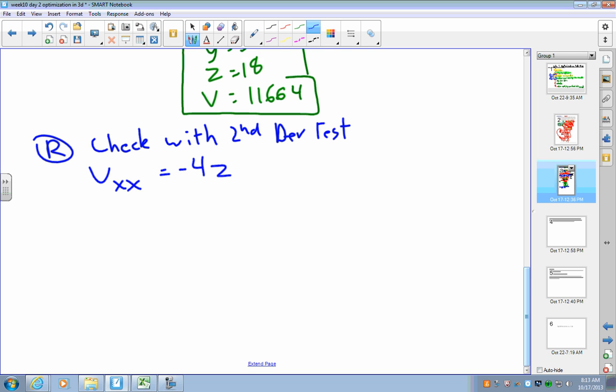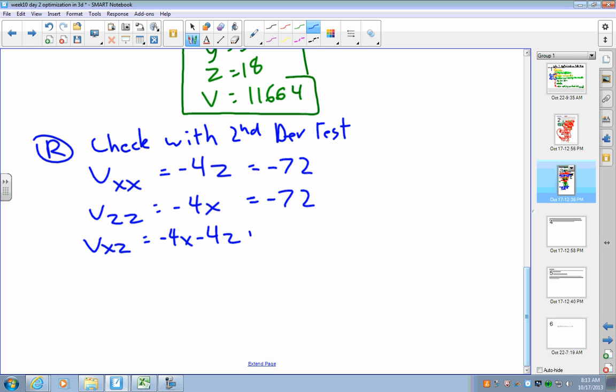And if I know z is 18, that's minus 72. Vzz, negative 4x, plug in, negative 72. Vxz equals negative 4x minus 4z plus 108. If I plug into that, I get negative 36.